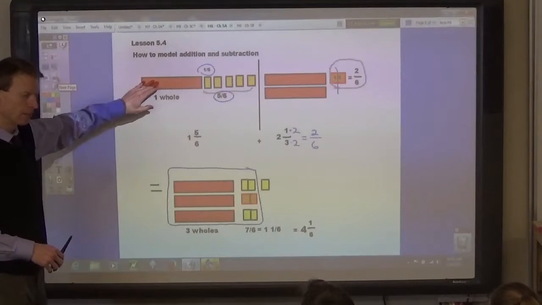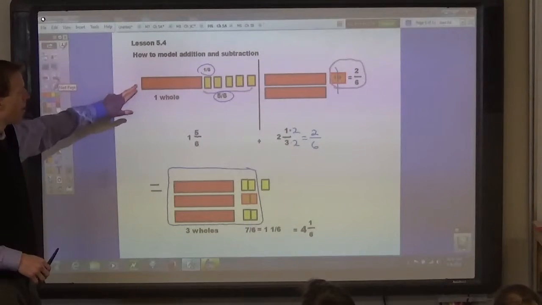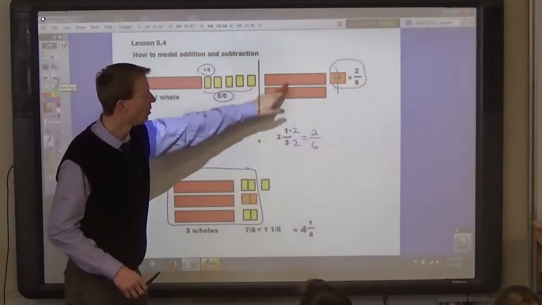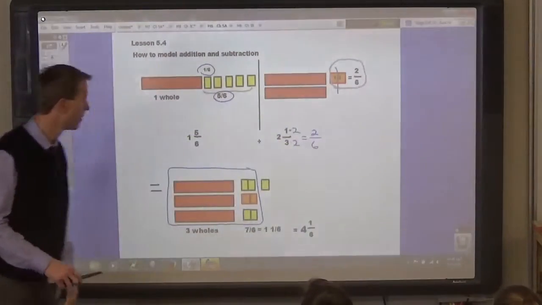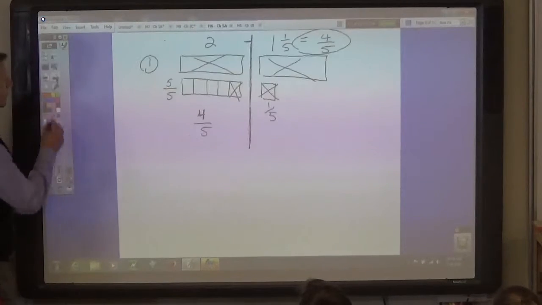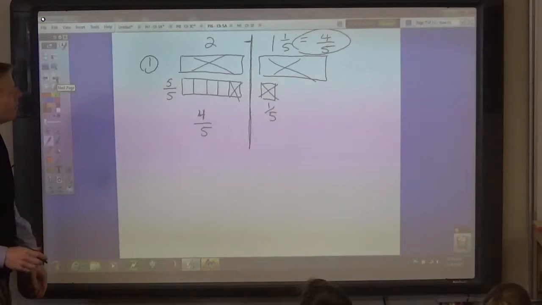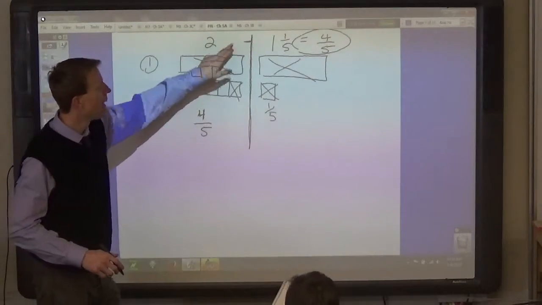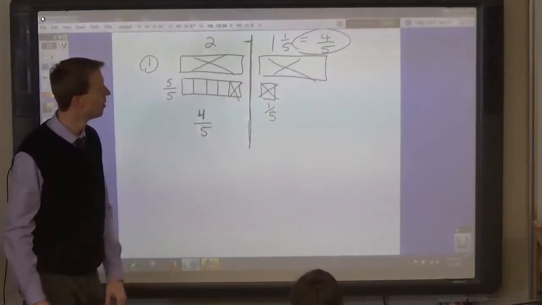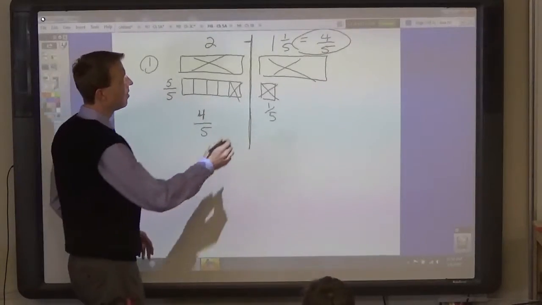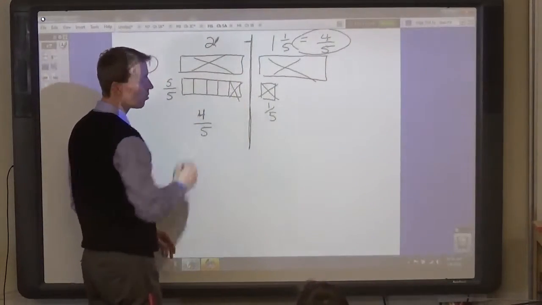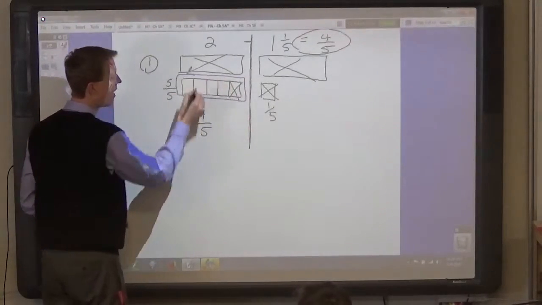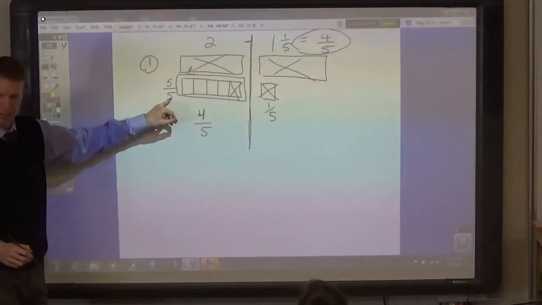So here's a model for these. We learn how to model these. Whole numbers plus more whole numbers and fractions. And then minus, where we had 2 whole numbers, minus 1 and 1/5. And then we didn't have any pieces over here, so we had to break up this whole into 5 pieces, 5/5.